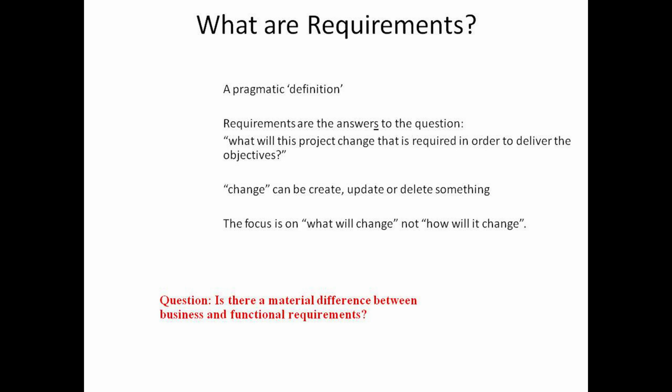So what is the difference between business and functional requirements? There is a material difference, because they talk about two different languages. Business requirements are one thing. Functional requirements are the capabilities, the features.